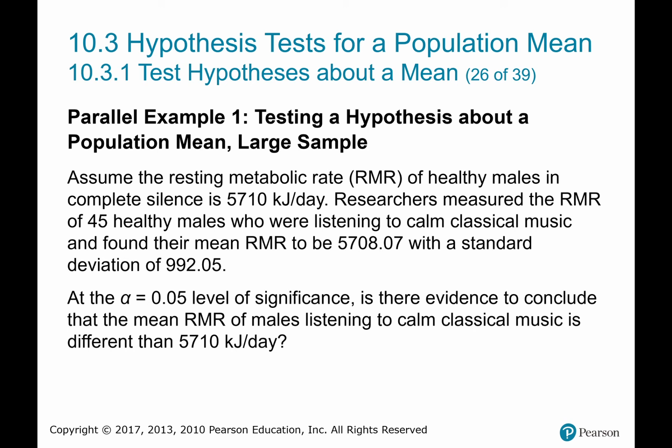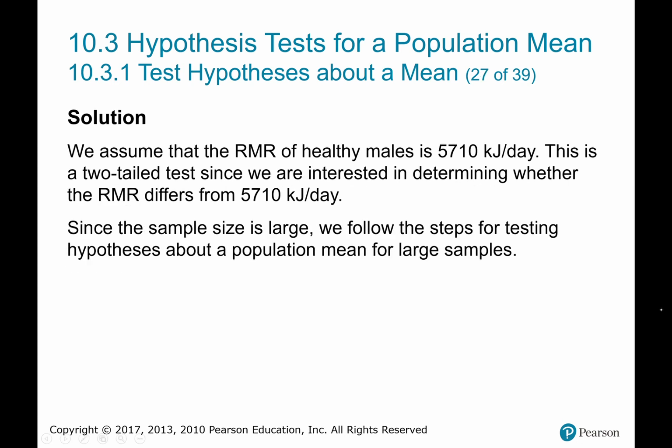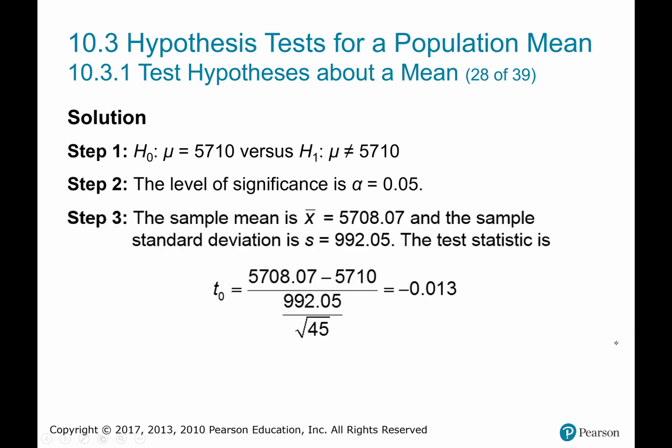At the significance level of 0.05, is there evidence to conclude that the mean RMR of males listening to calm music is different than 5,710? So this would be your not equal to, your two-tailed test, because it says different, it doesn't specify greater than or less than. Since the sample is large, we follow the steps using the t distribution. So notice they use the not equal to, that's what I just mentioned.